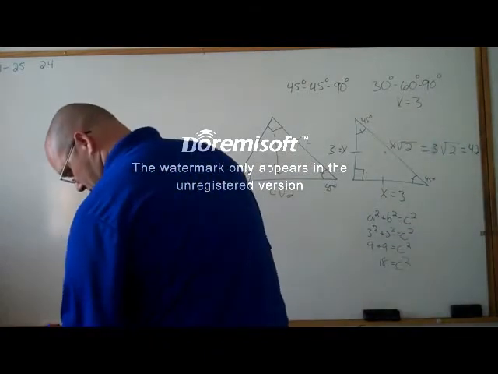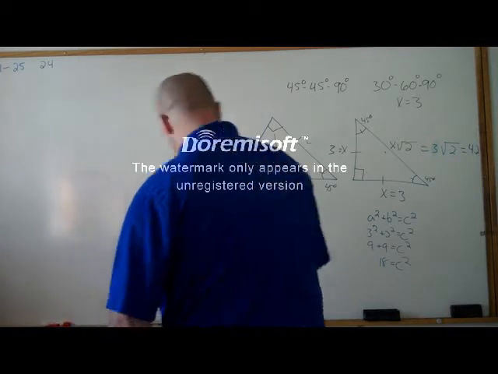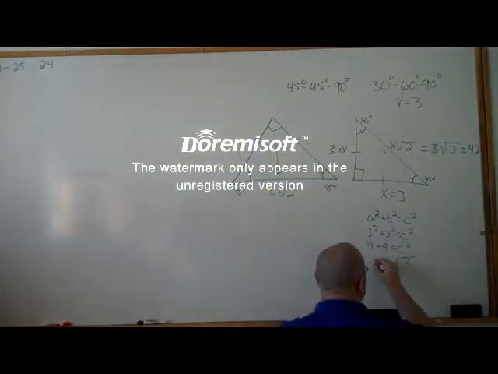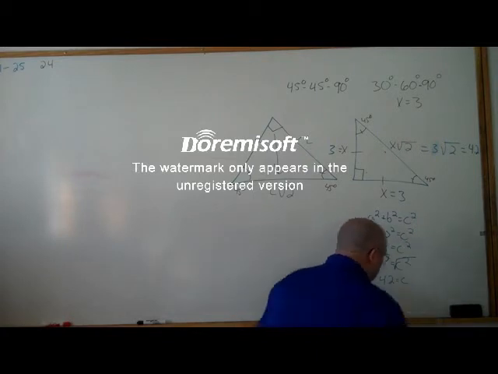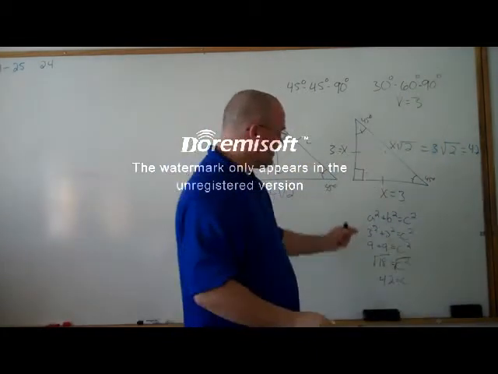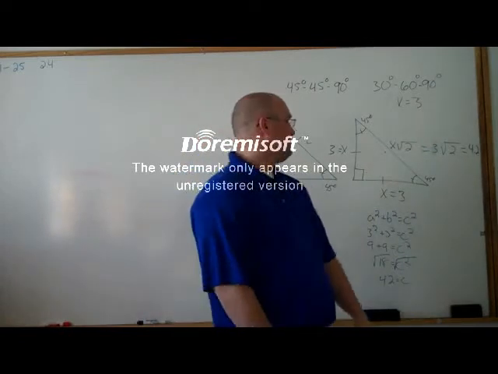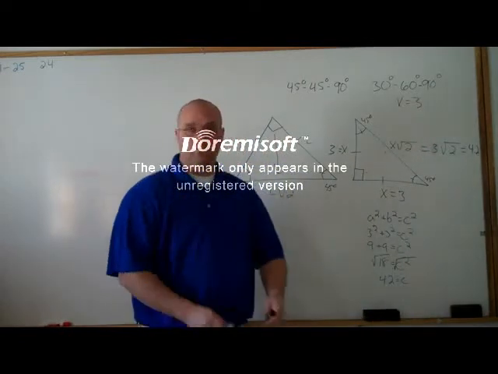So the square root of 18 is 4.2. So instead of doing all this work, we can just use a formula, as long as we got one side. Okay?